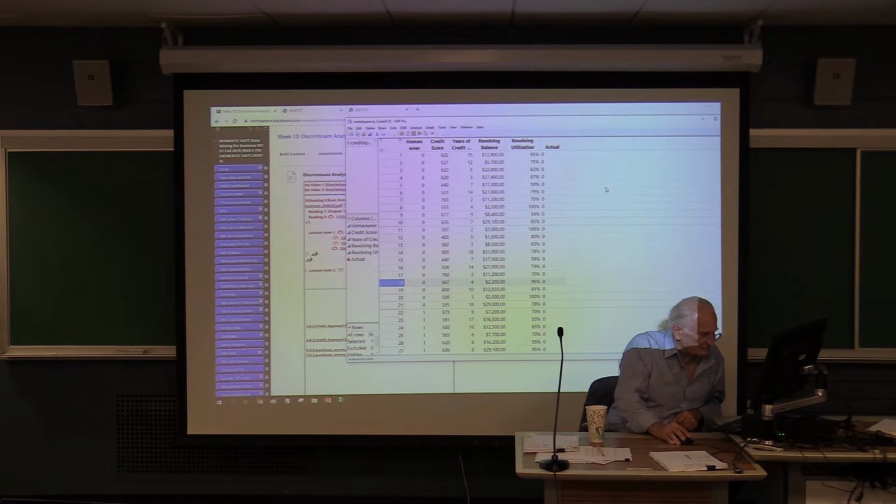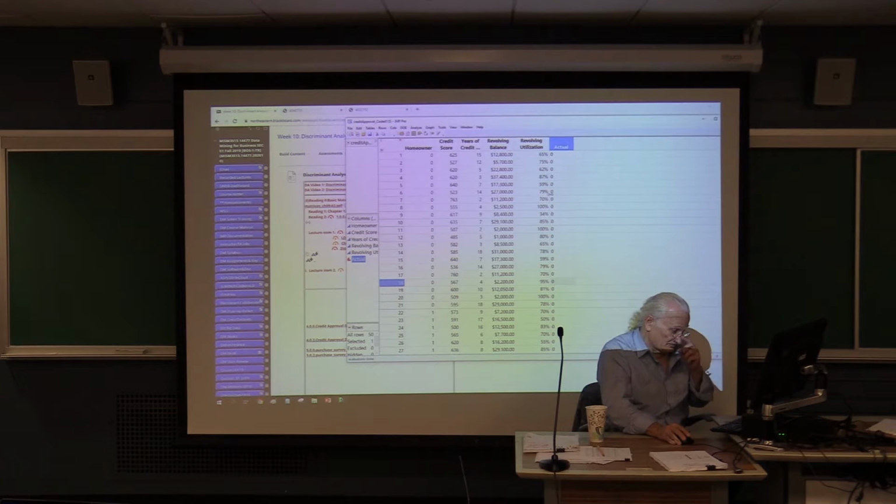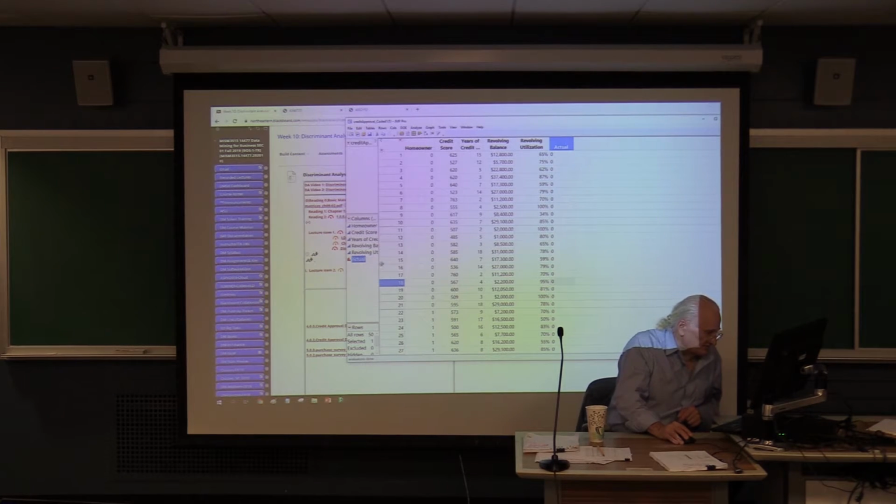Let's remove this. So I used dummy variables, right? And the idea, actual means it's the actual decision. 0, the application has been rejected. 1, it was approved. This is my data.